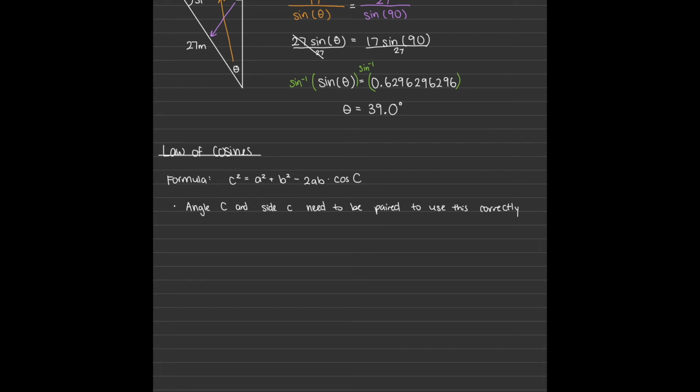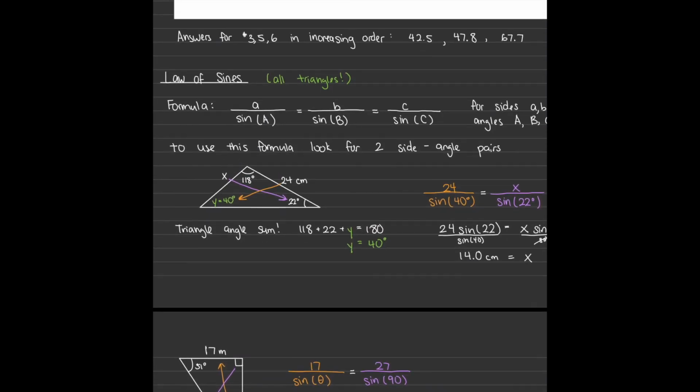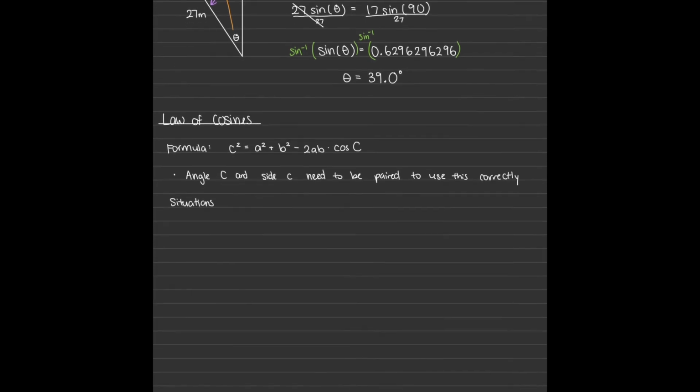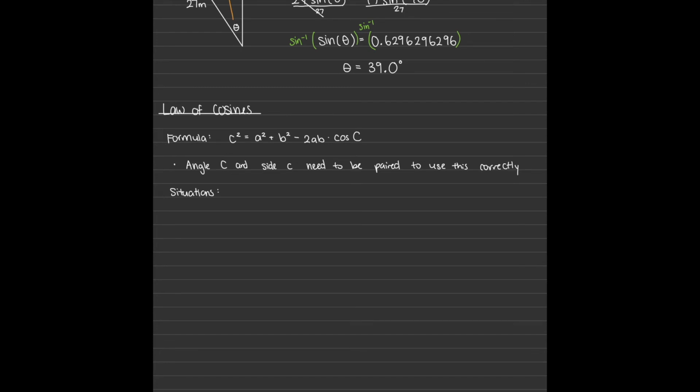And so to use this formula, we have two situations that we can apply. There are two situations where you might want to use this formula. Situation number one is given three sides of a random triangle, find one angle.